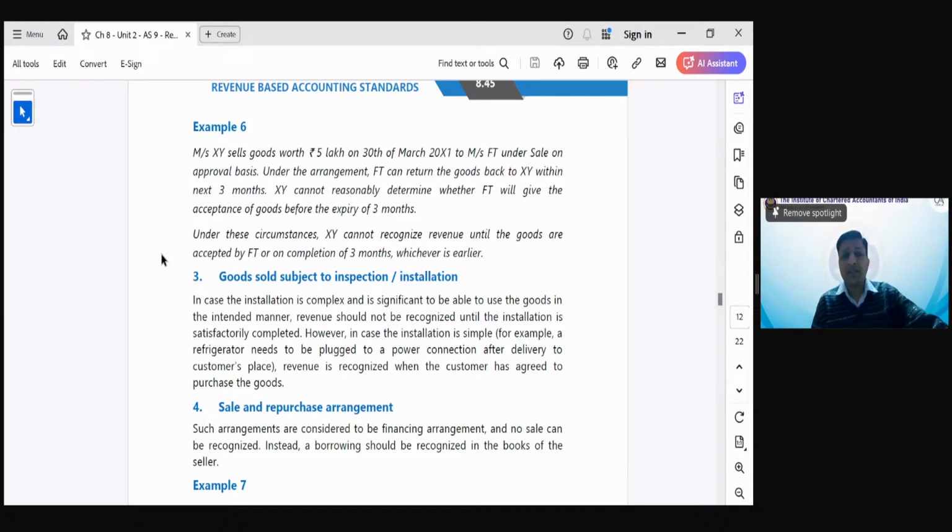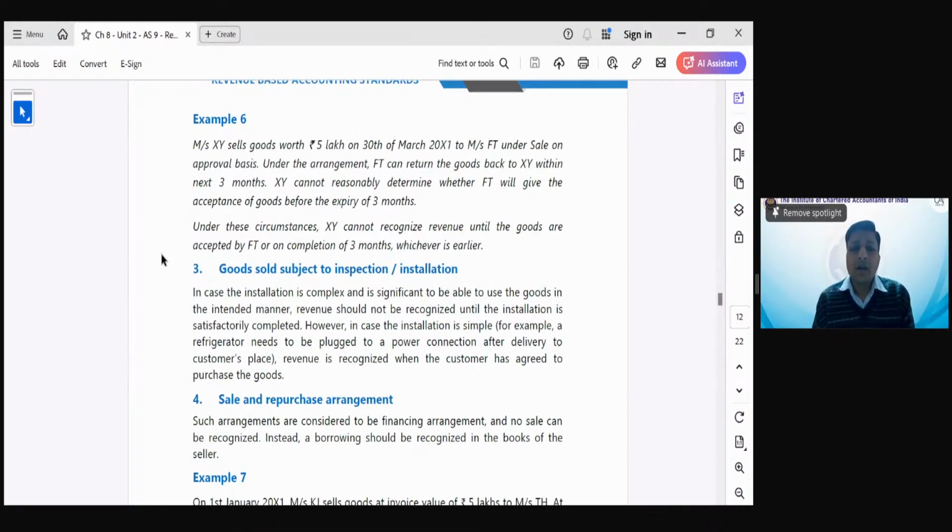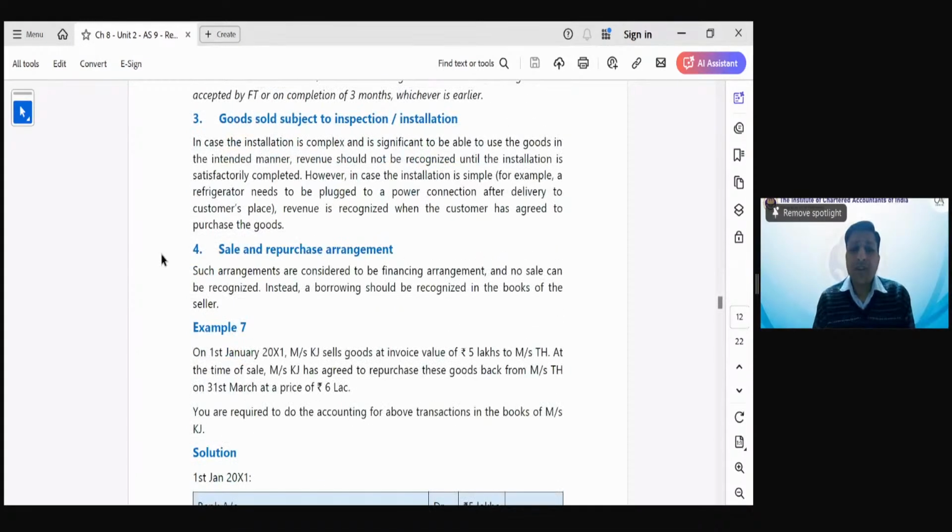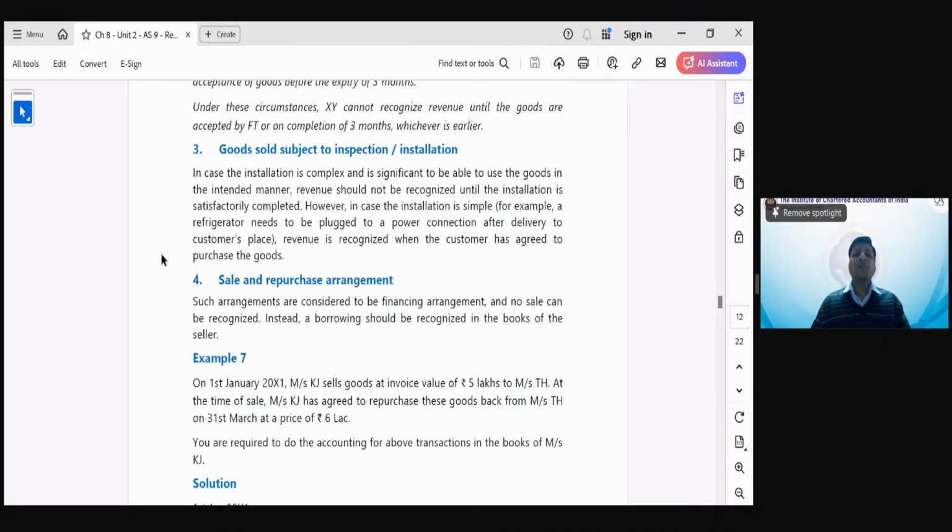Now, what do you mean by this? Let's look at this with the help of an example. On 1st of January X1, KJ sells goods at invoice value of 5 lakhs to TH. So we have the seller KJ, buyer TH, and there's a sale of 5 lakh.